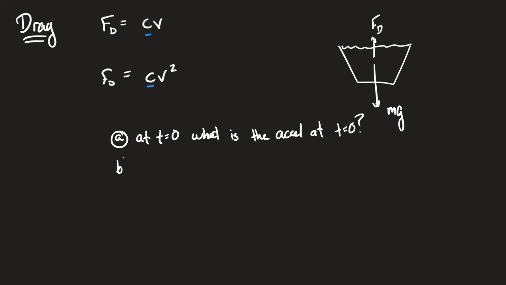And then to follow that up, what would be the acceleration after a period of time has passed? Think about that for just a second. Let it roll around your head. When you first drop the object, how fast is it going?